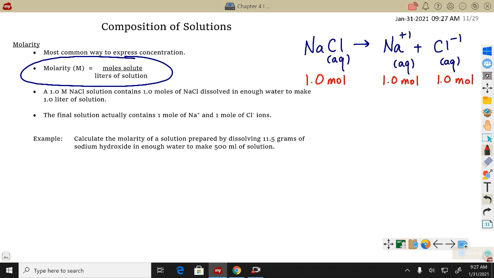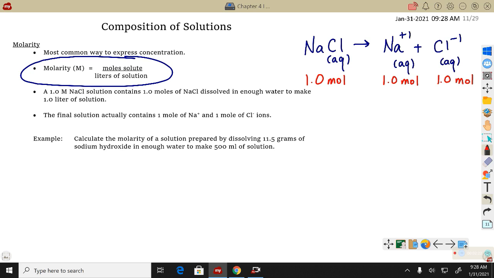And it's not that sodium chloride ever exists as a molecule, because ionics are big crystals of oppositely charged ions in this repeating crystal pattern. But if you think about it, sodium chloride originally was a 1-to-1 ratio of sodium and chloride ions, and now they're just going to split. So for every 1 mole of solid sodium chloride, I would really be splitting fully to form 1 mole of sodium ions and 1 mole of chloride ions.